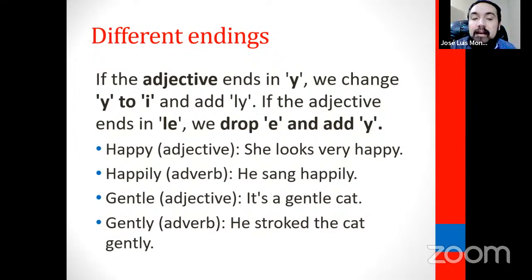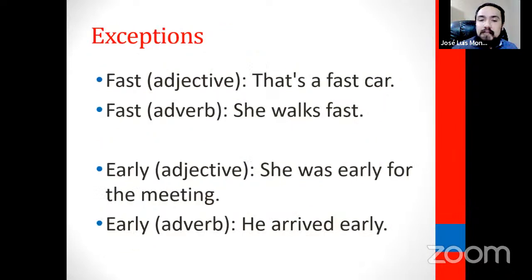Happily, he sang happily. We know how he sang, the way in which he did that action. Gentle, it is a gentle cat. Gently, there we're describing the cat. Gently, he stroked the cat. Gently, we're describing how he did that action.